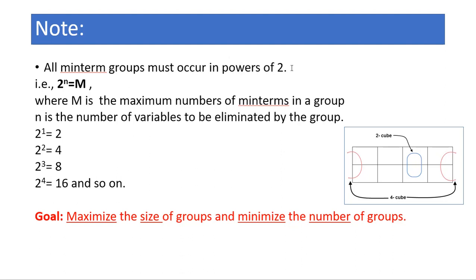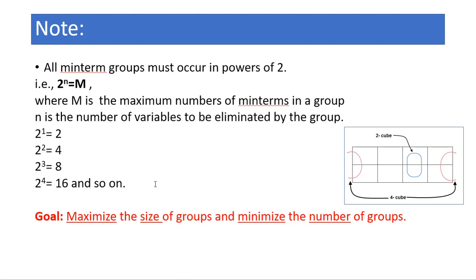That is why in the numericals that we solved, we always grouped it either as a group of 2 or as a group of 4. So 2 to the power n will be equal to m, where m is the maximum number of minterms in a group and n is the number of variables to be eliminated by the group. So 2 to the power 1 is 2, 2 to the power 2 is 4, and 2 to the power 3 is 8, and so on.